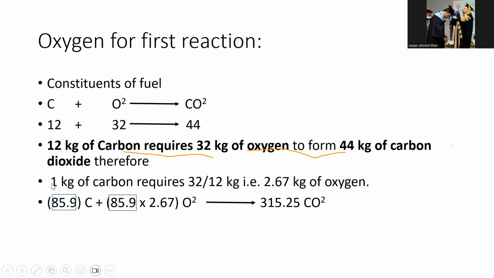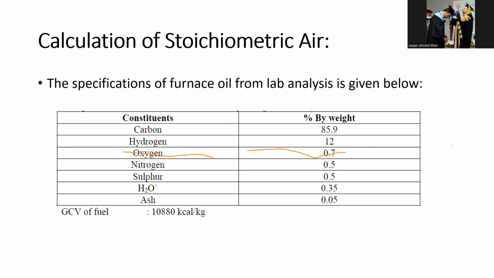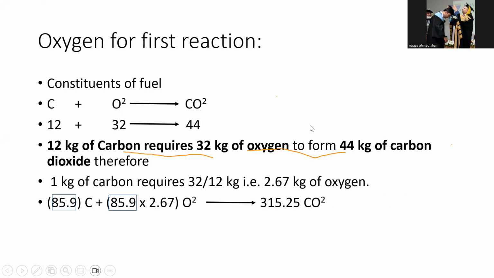We divide the whole terms by 12 to get one, and 1 kilogram of carbon requires 32 divided by 12 kilograms, that is 2.6 kilograms of oxygen. Now this is for 1 kilogram, and we have 85.9% of carbon, so we multiply by 85.9%, which will tell us the required amount of oxygen.